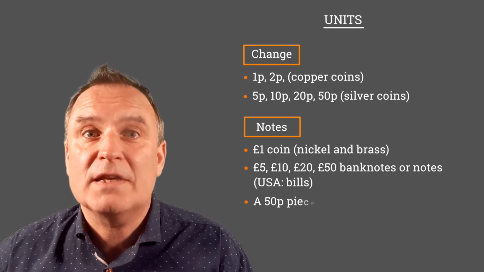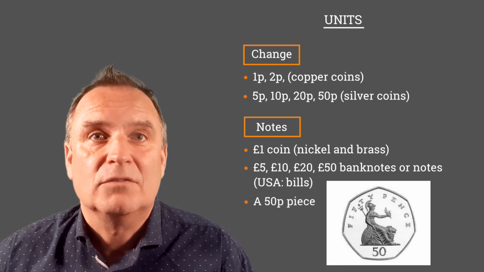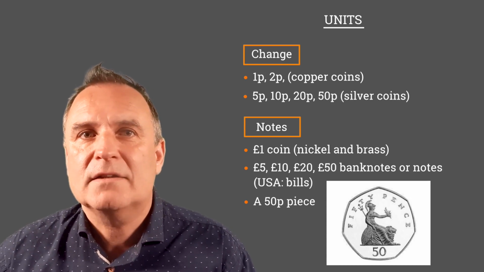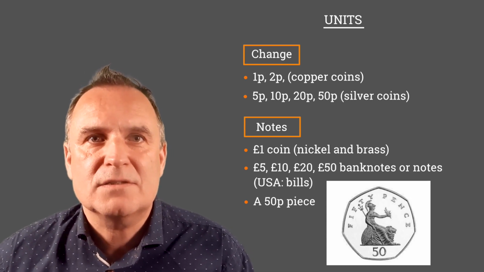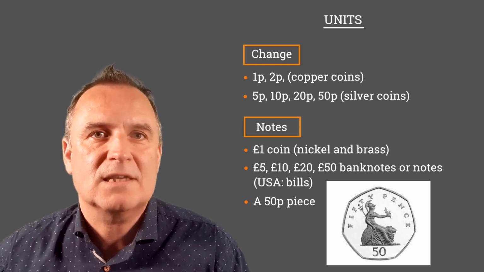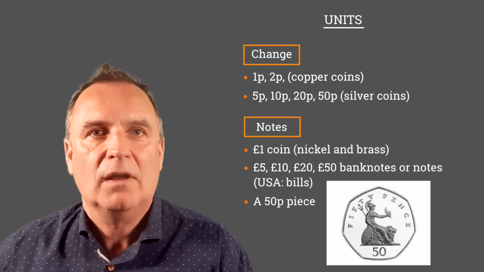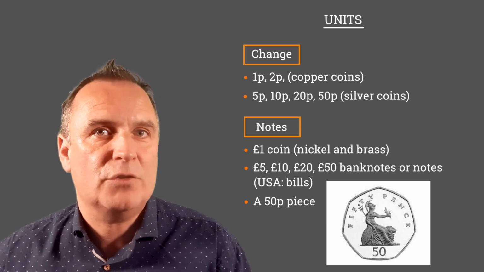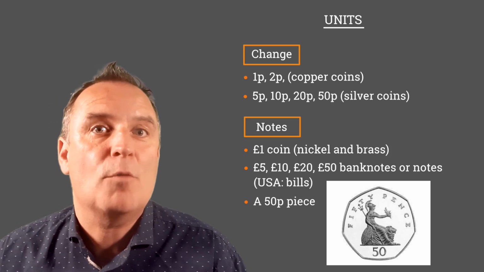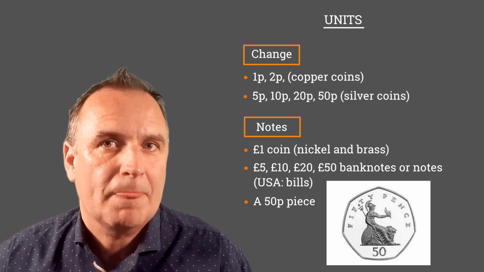We also abbreviate this just with the letter P, right? So 50p, 72p. And these coins, these small metal tokens, the coins, we call this change. And like I said, the denominations you can have are 1p and 2p. So these we would call the copper coins or coppers.